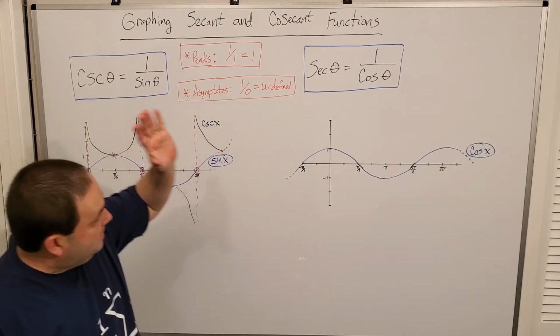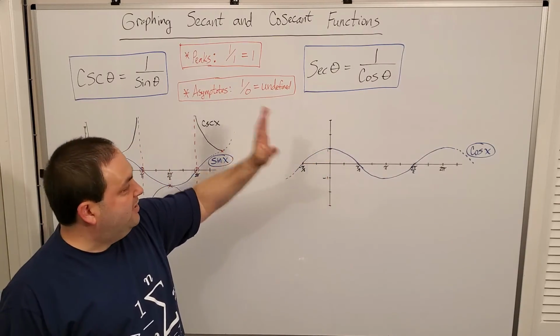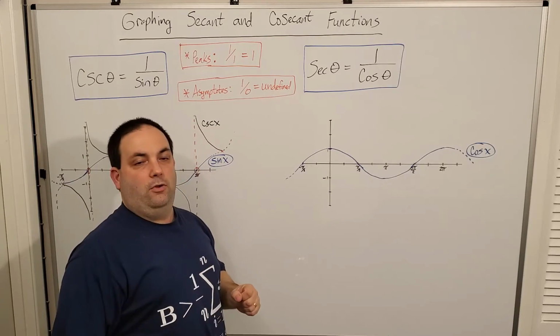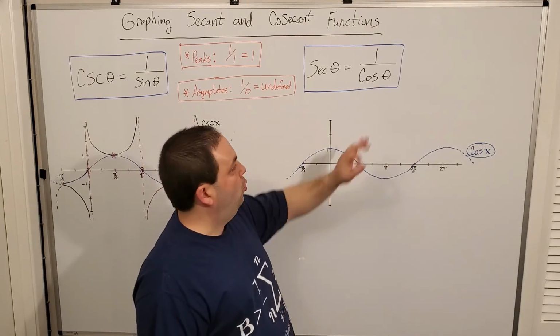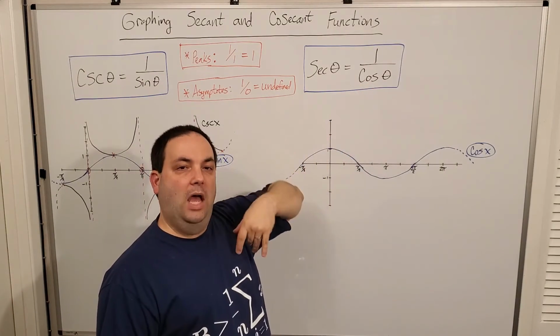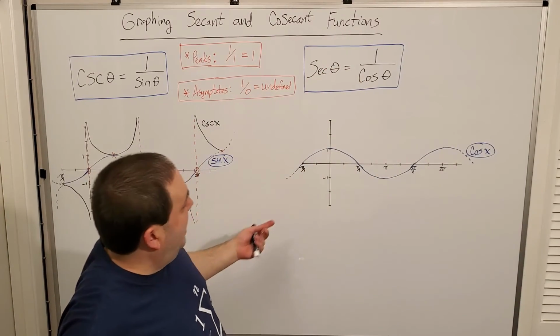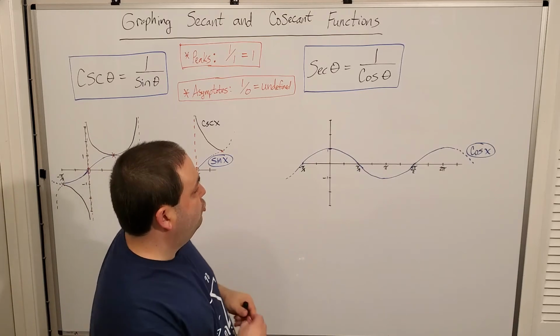Same exact idea for secant. If I want to draw a secant function, I just start with a cosine instead of a sine, because secant is the reciprocal of cosine. So the same facts hold true.